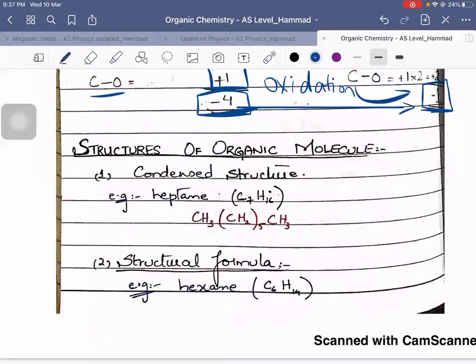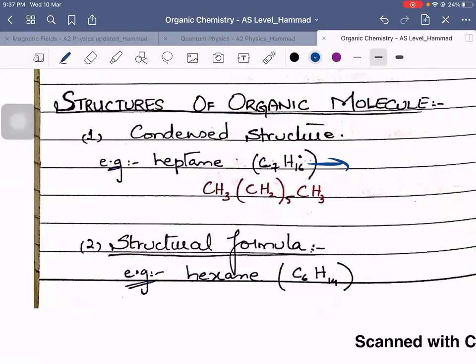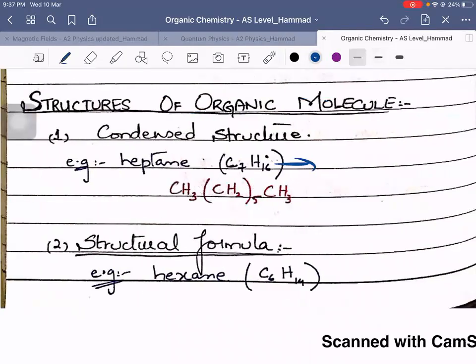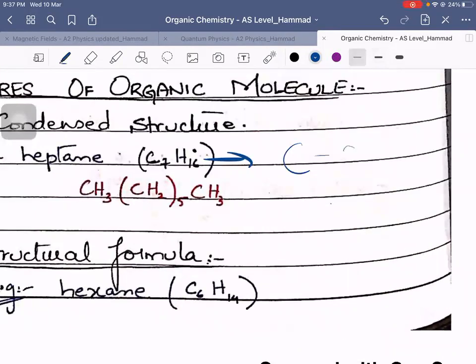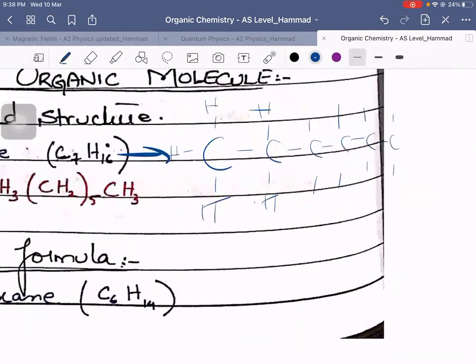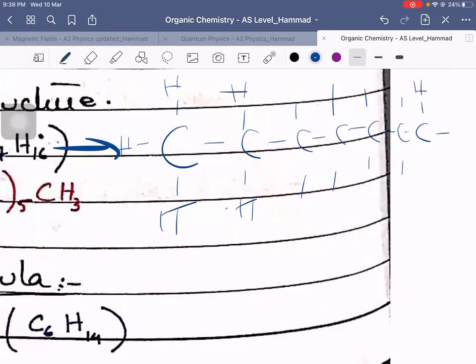Moving forward, types of structures, we have a condensed structure. Let's say heptane is C7H16. You could have simply written C 7 times followed by hydrogen. You would have realized that this is CH3, rest are all CH2, and finally CH3 again.